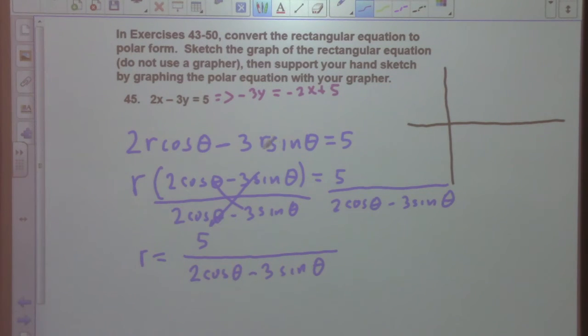Does that make sense? Because we've taken this and subtracted it, brought it over here, and then if we divide everything by negative 3, we get y is equal to 2/3 x minus 5/3.